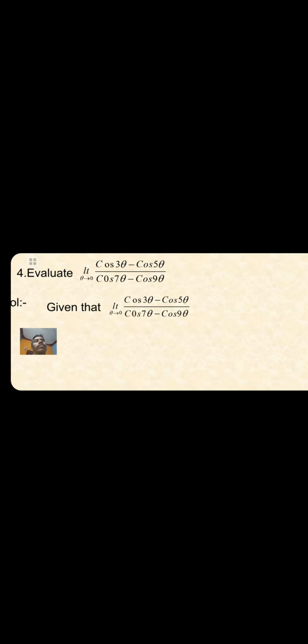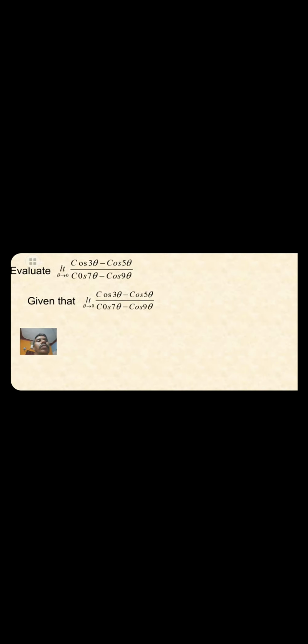Solution. Take the given problem, limit theta tends to 0 of cos 3 theta minus cos 5 theta by cos 7 theta minus cos 9 theta. If we observe this function, in the numerator we have two terms, and in the denominator also we have two terms.